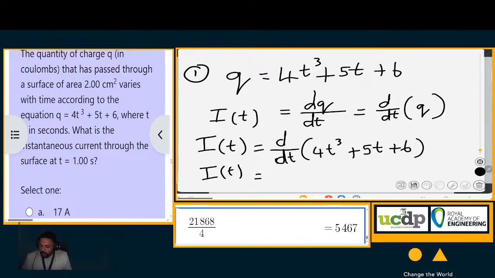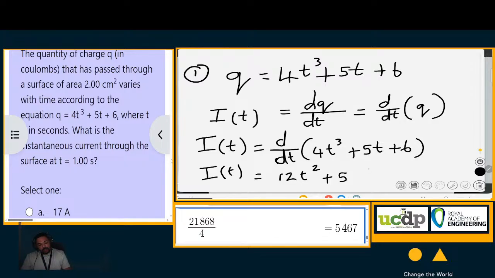Okay? We want the current at a specific time that we call the instantaneous current. So this is the current for all time. 4t cubed, if we find its derivative, it's just 12t squared, and the derivative of 5t will just be 5. So it is 12t squared plus 5.